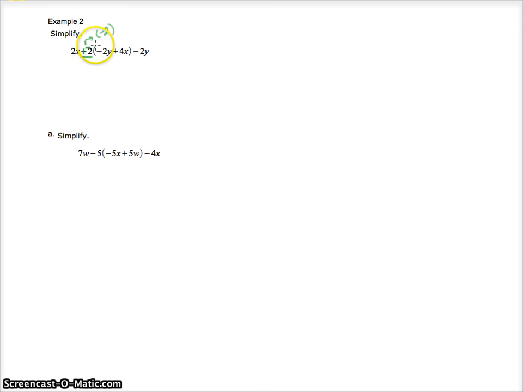I send this negative 2 all the way through. So this becomes 2x plus negative 2 times negative 2 is 4, and then I leave my y. Negative 2 times 4x is negative 8x. So minus 8x minus 2y.